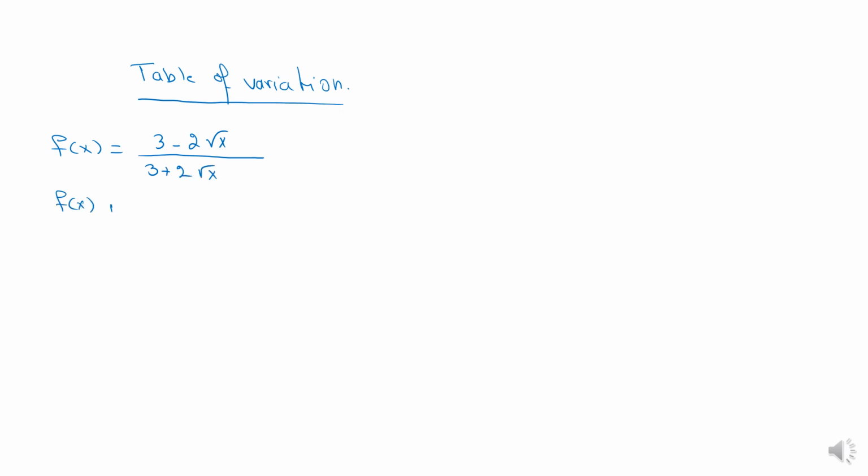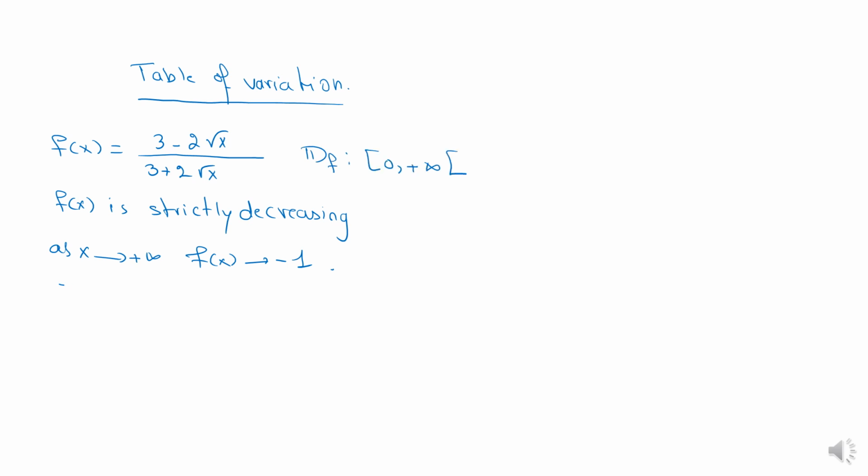F of x is strictly decreasing, as x tends to plus infinity, f of x tends to negative 1. Now the domain of f is 0 to plus infinity. Now let's find f of 0. F of 0 is equal to 3 minus 0 over 3 plus 0, so 3 over 3 is equal to 1.